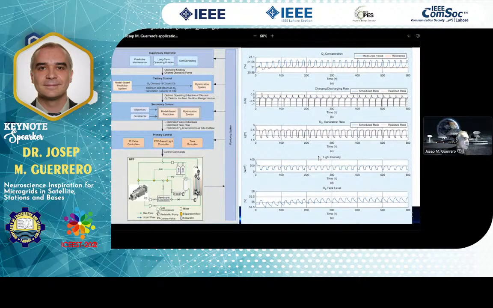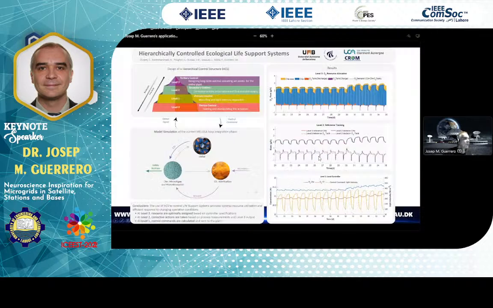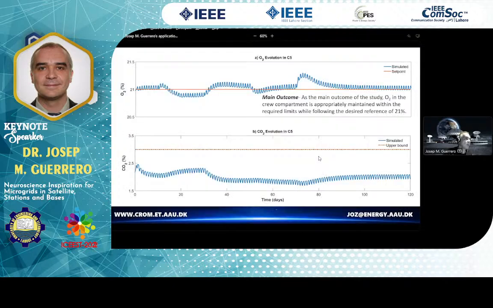Every time we change the light intensity of this compartment, we change the oxygen generation, same as in photovoltaic systems. And then you can see the oxygen tank level is changing very similarly as the state of charge of a battery. We got very good results, which have been published in a number of papers.